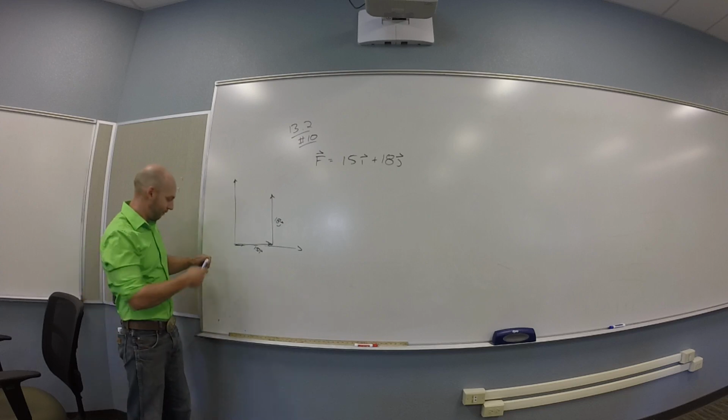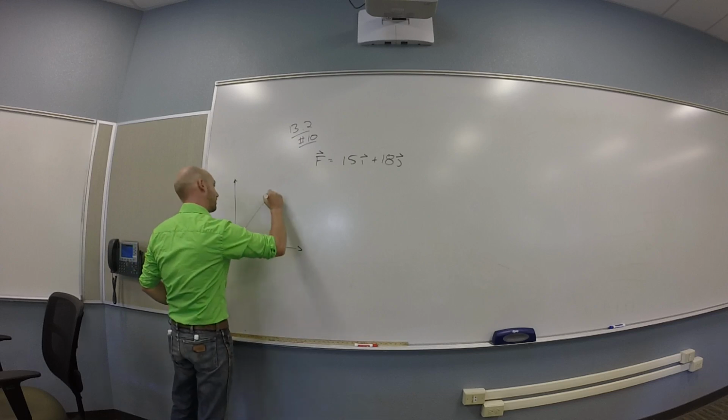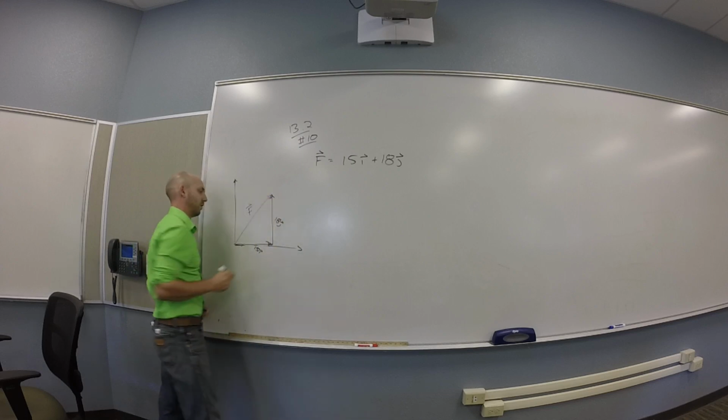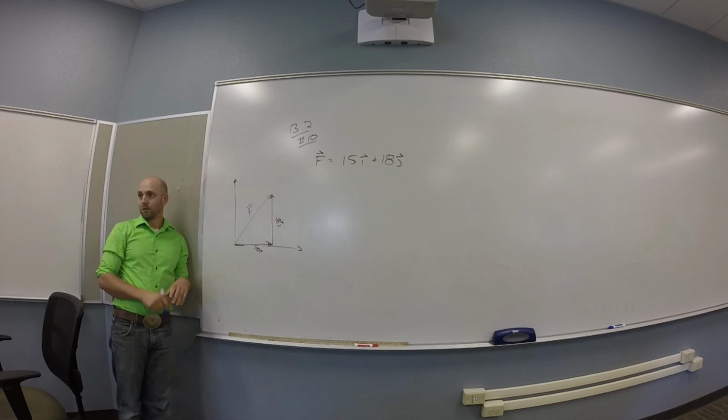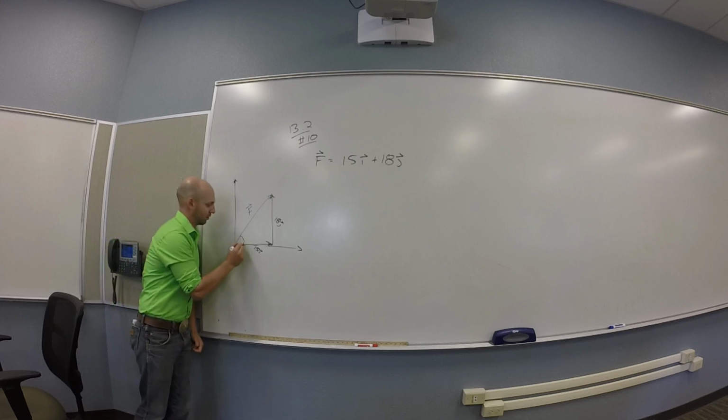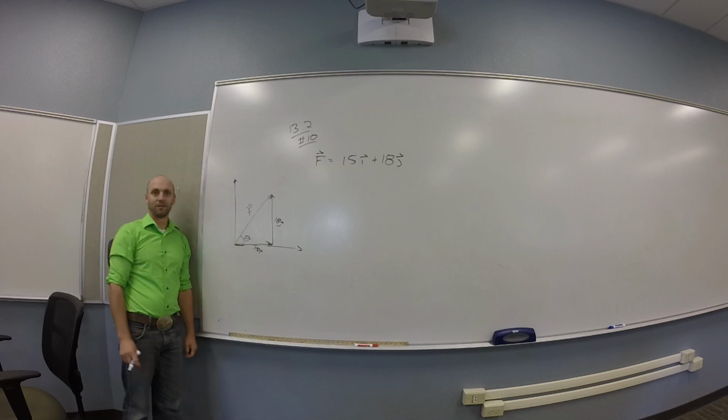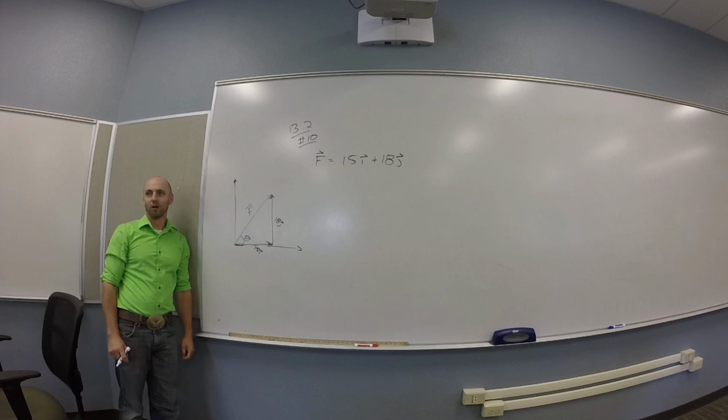And so then there's my F vector, which is something like this. And I want to know about which thing now? The angle from the x-axis. This angle? Okay, cool. Thoughts?